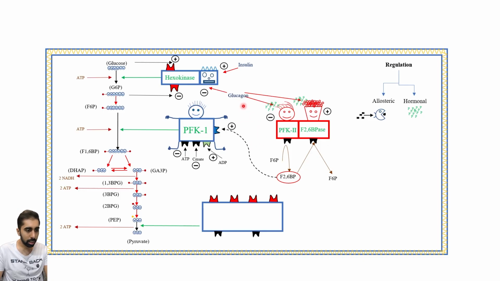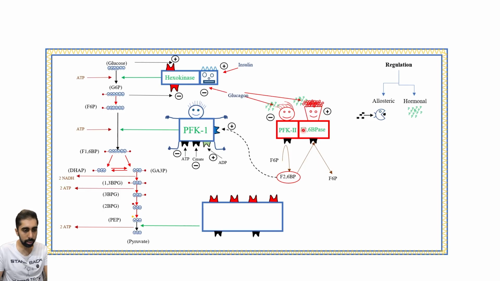So we can say glucagon can inhibit PFK1, because whenever we inhibit PFK2, it means that we cannot turn fructose 6-phosphate into fructose 2,6-bisphosphate anymore, and it cannot stimulate PFK1 anymore. So glucagon can inhibit PFK2 and inhibit PFK1, but it can stimulate fructose 2,6-bisphosphatase.